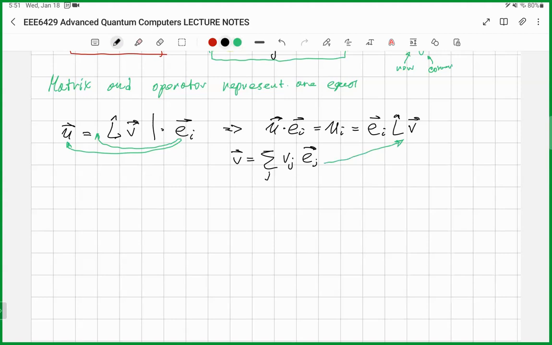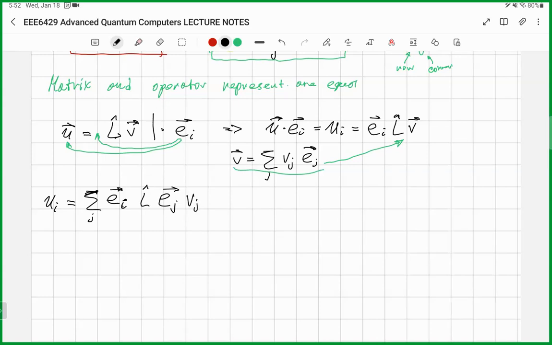So what do I get? My U sub I is equal to the sum over J of E sub I, this is a free index because it doesn't change when I run my sum over J, and then this operator L, then I put E sub J here from this expression, times V sub J.